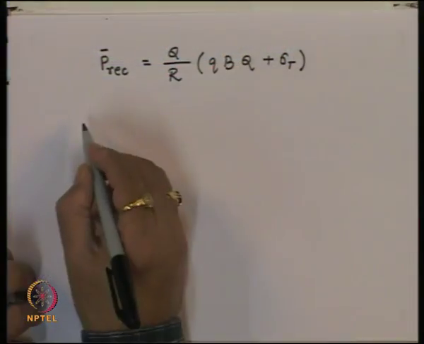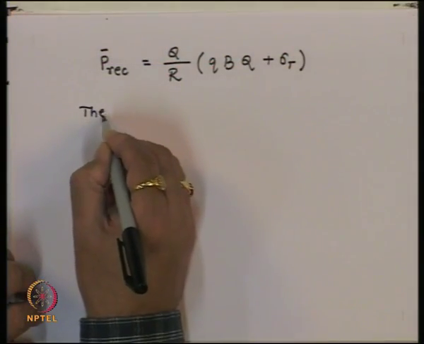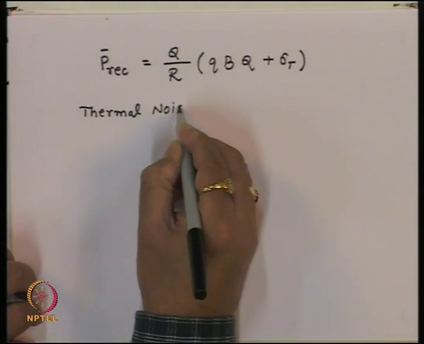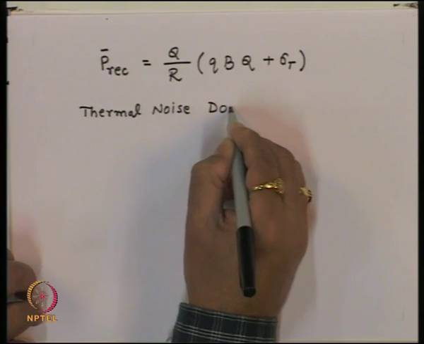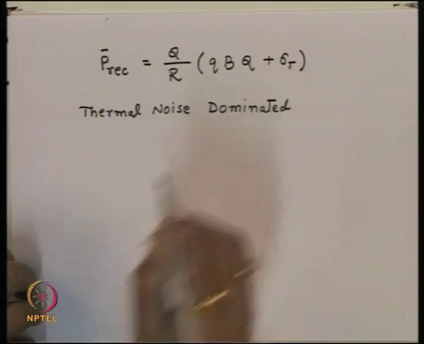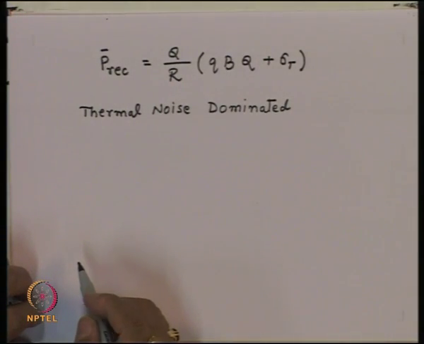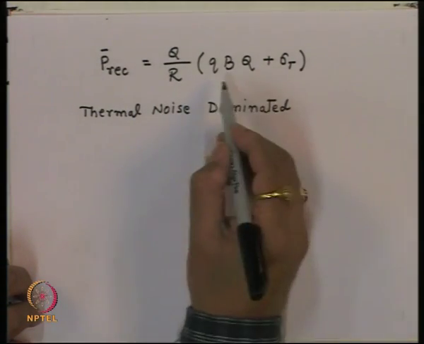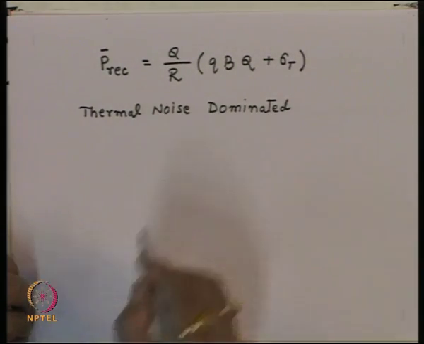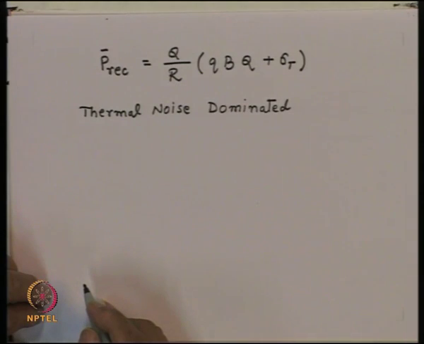So, the same thing we can do here. In this case, if we take the thermal noise dominated regime, then this quantity is now very small. So, we have only thermal noise present there.